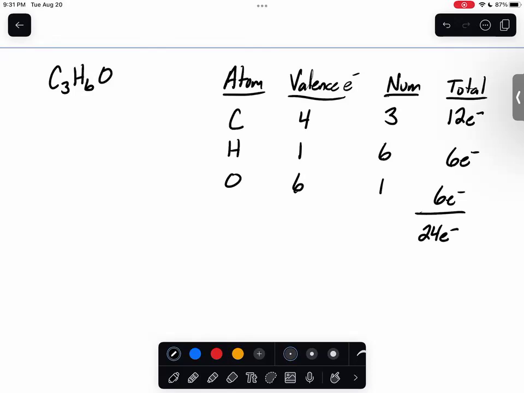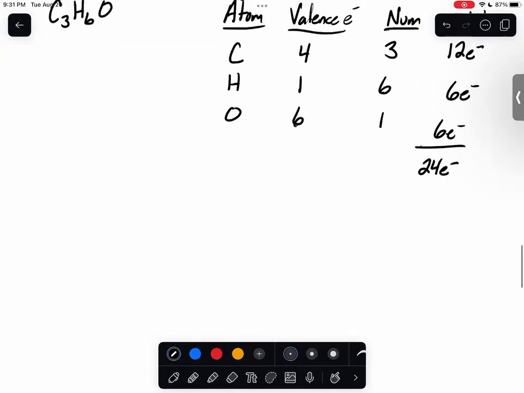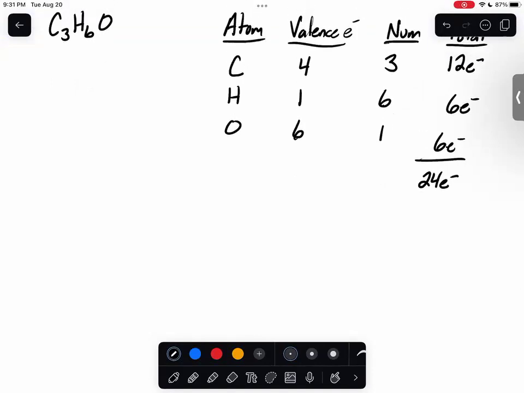So let's see what happens if we try and distribute these and make C3H6O. Well, let's do the thing that we said before, which is start in the middle with a carbon, work our way out. Let's say we did all the carbons bound together, and let's stick the oxygen on the end once again. So, looking at this, we can say, all right, each carbon wants to have four bonds.